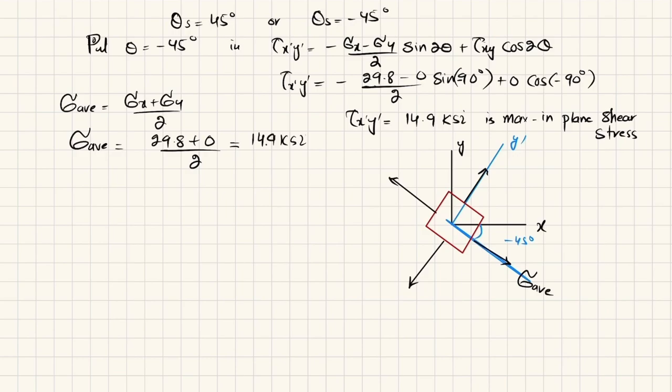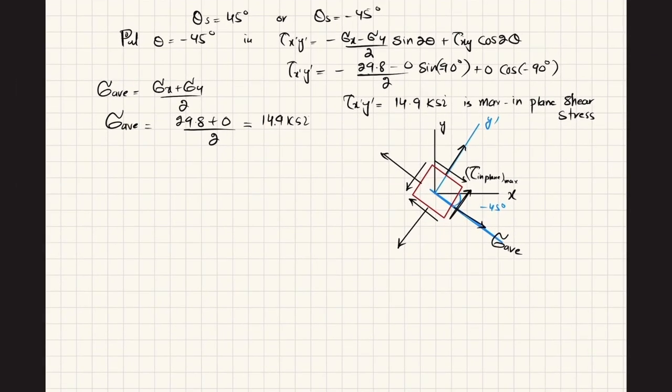And tau of xy is positive, so our maximum in-plane shear stress will be like this one. This is tau in-plane maximum.